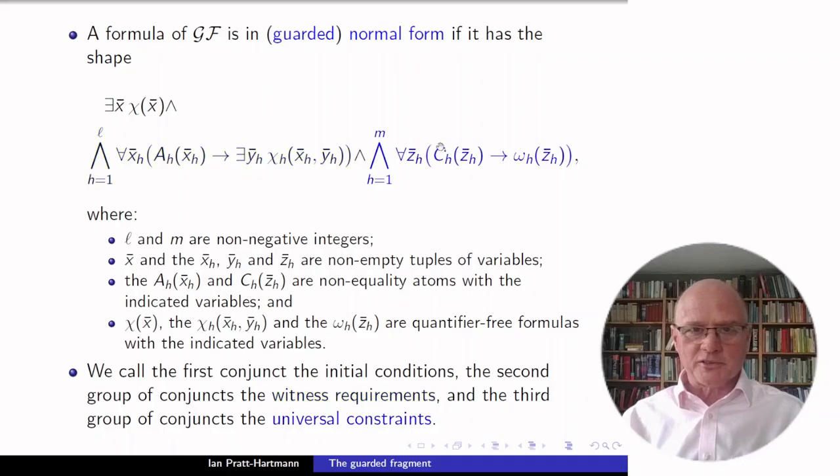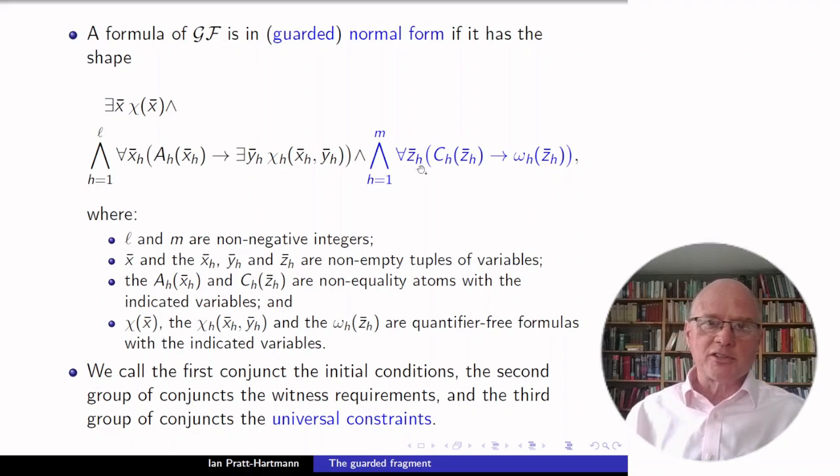The final group of conjuncts, these ones illustrated here, again they'll be indexed by h. h runs from 1 to m. They're now universally quantified, so we have a tuple of variables, let's say zh. Again, ch of zh will be an atom, so it will just be an atomic formula, and omega h will be some quantifier-free formula involving no variables other than the zh.